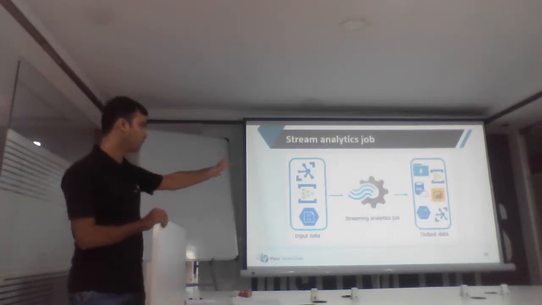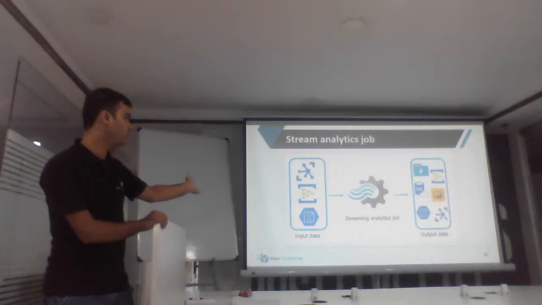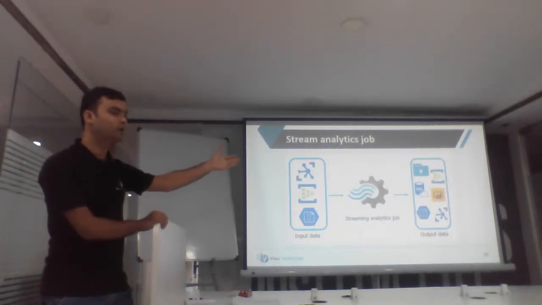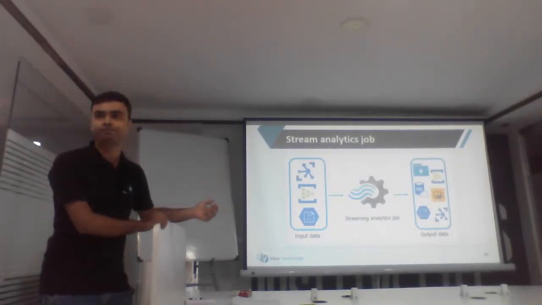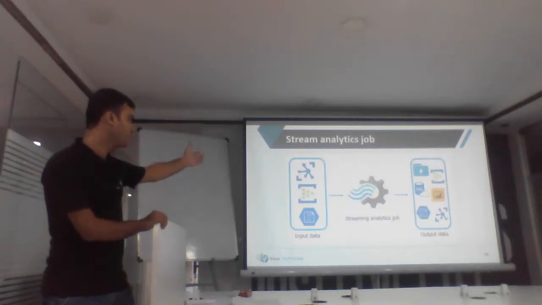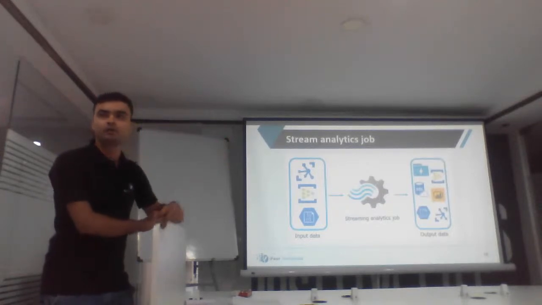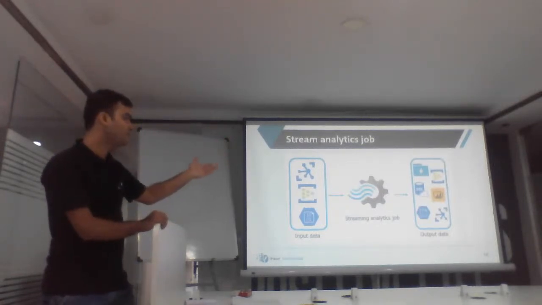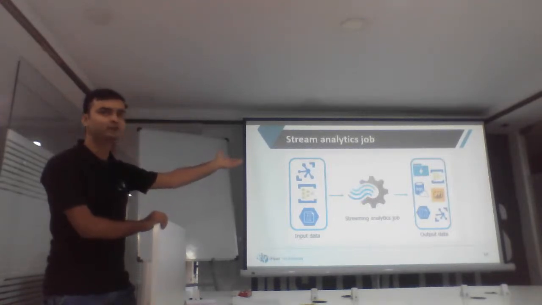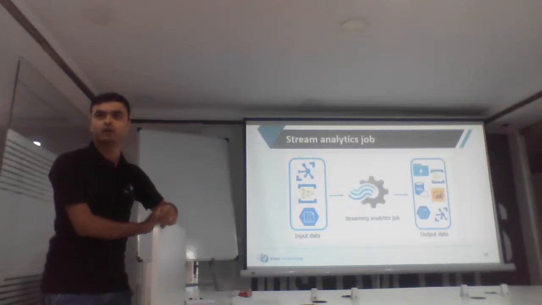So it provides a bridge from input to output. In our scenario, the output is Power BI. So we need to add the IoT Hub in the input part, and in the output part we need to add our Power BI. In real time, it will fetch the data from the input and stream the data to the output part.